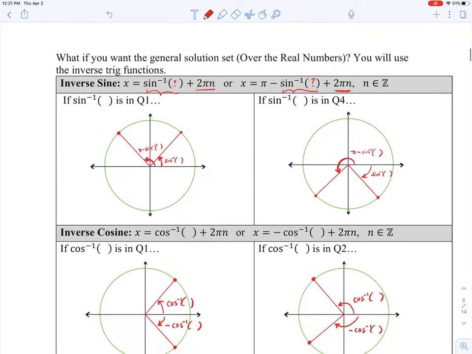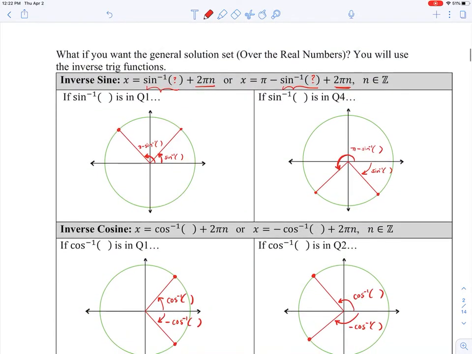Okay. So we're going to actually look at using this in order to come up with our general solution set. Now, the cool thing is this can be your method for solving any trig equation. You don't even have to think about whether you want to use inspection here.